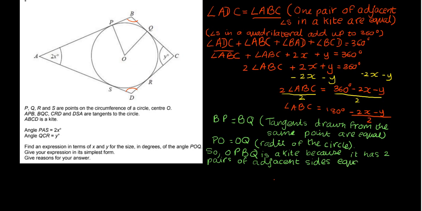Okay, done that. So I know now that OPBQ is a kite. Now in addition to that, I notice that this is a radius and that's a tangent, so radius and tangent meet at 90 degrees. That's another circle theorem, right? So let's state that.